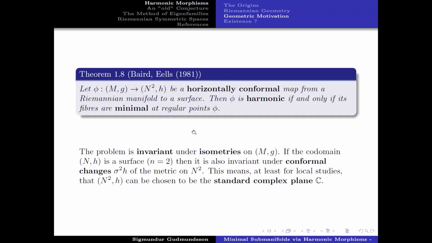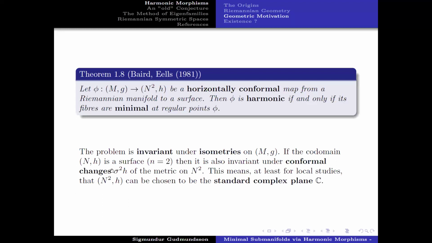So in many ways, the problem that I will discuss is sort of dual to the problem of mapping surfaces into Riemannian manifolds so that they are minimal. So we are in the dual situation. What does that mean?